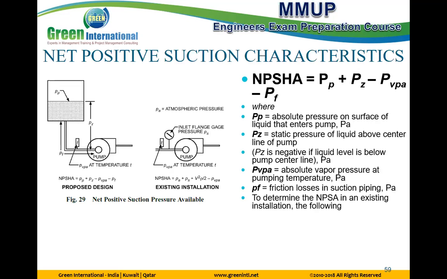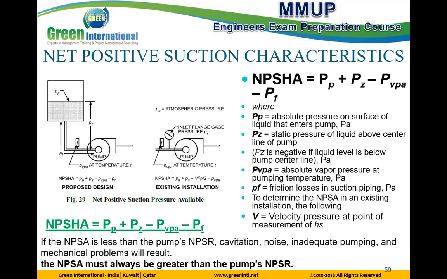Going to one more detailed equation for calculation of net positive suction head available, which is equal to head of atmospheric and head of static, the head of the surface, minus the vapor head, which represents the saturation pressure or vapor pressure, and also losses.